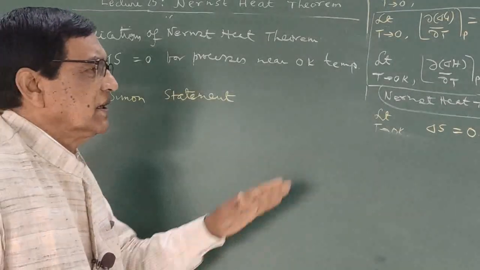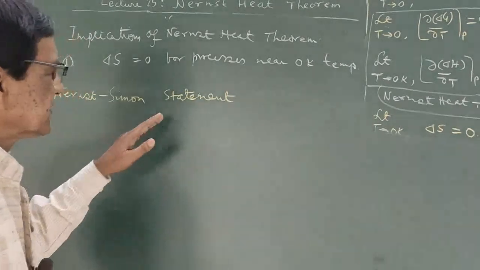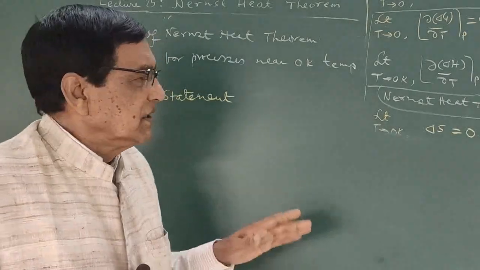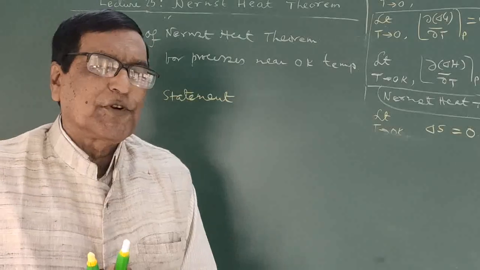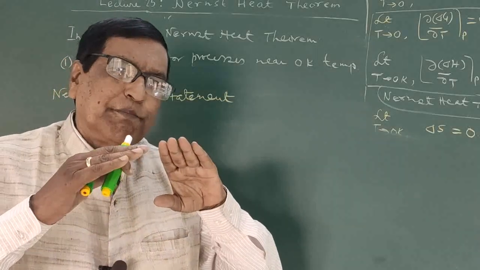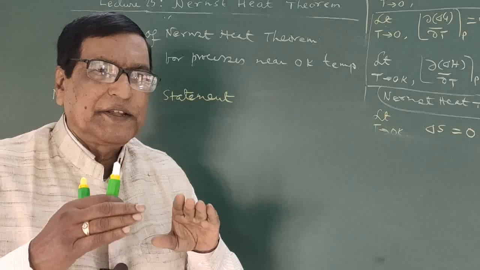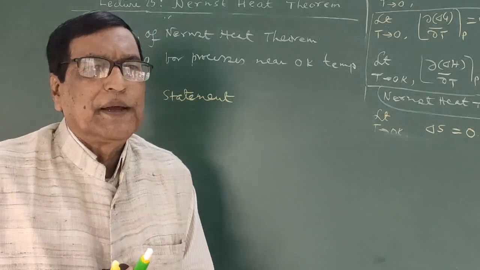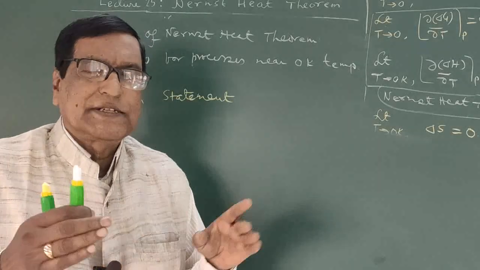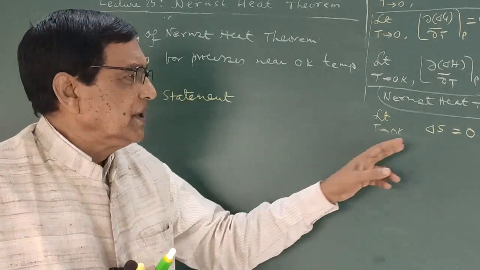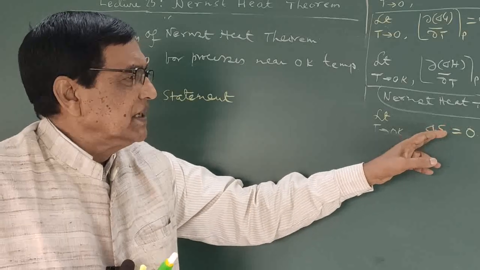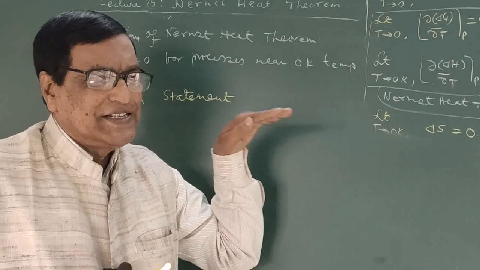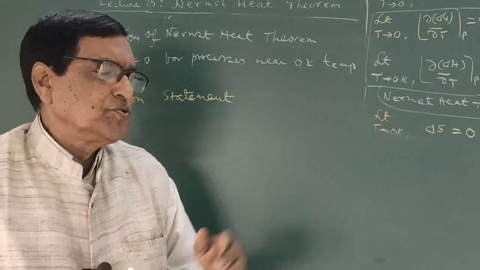This statement states that whenever the reactants and products are in pure state and each in internal equilibrium, then as the reaction proceeds, the change in entropy goes to zero as T also goes to zero.